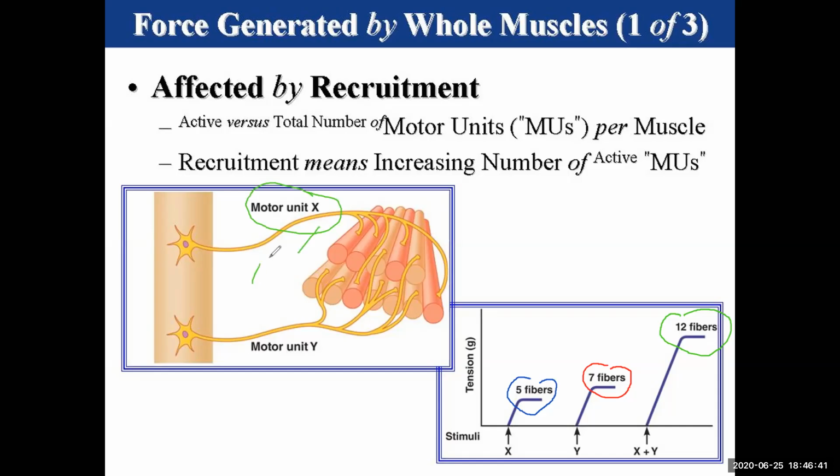This happens first because it's smaller. And then if you need more tension, you will go on to recruit motor unit Y, which is the second unit being mobilized.